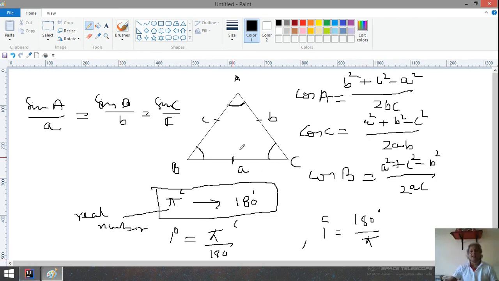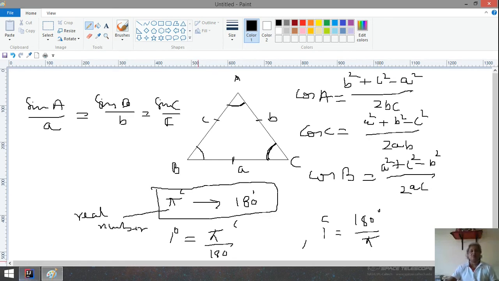Does he enter side a and side b and angle C? If he enters the sides a and b and the angle in between them, then our job is much easier, because we can directly use the area methods or other methods to calculate.